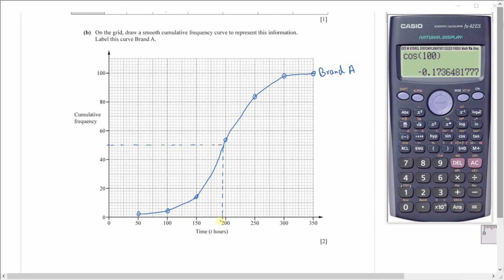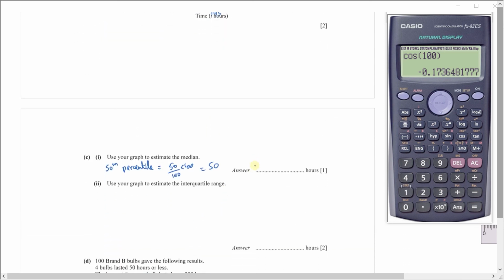So this is 200. So this value here will be 195. So your median value is 195 hours.